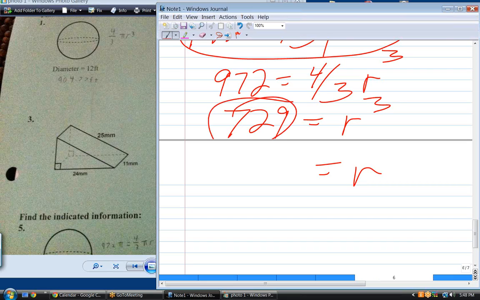It's a little tricky if you do it that way because you have to put the 1/3 in parentheses. You could also take 729 and raise it to the 0.333 power, which is a little easier to do on your calculator. That's a 9. Okay, so the radius is 9. All right.